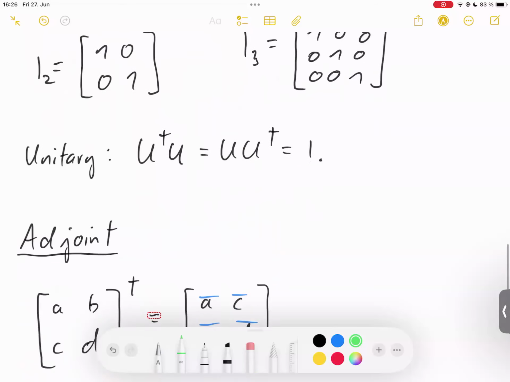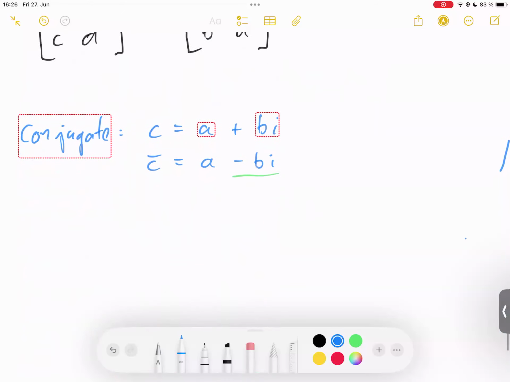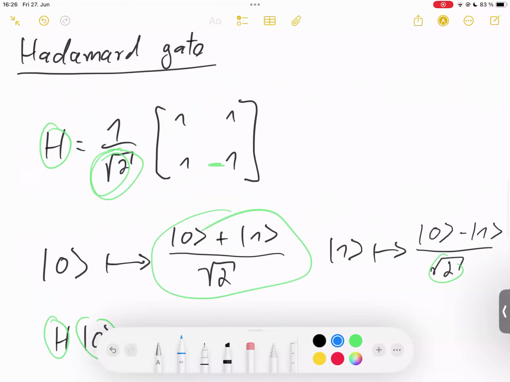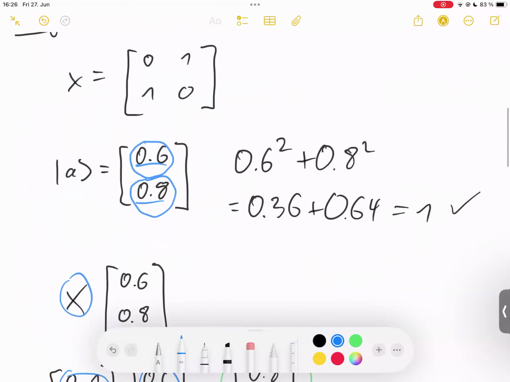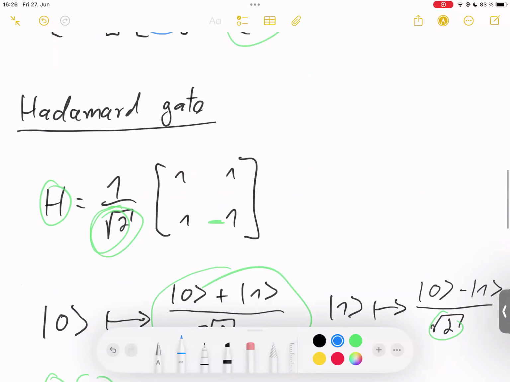And then if U dagger times U is the same as U times U dagger, and this is the identity matrix, then a matrix is unitary. For example, our NOT gate is unitary, and the Hadamard gate is unitary too.